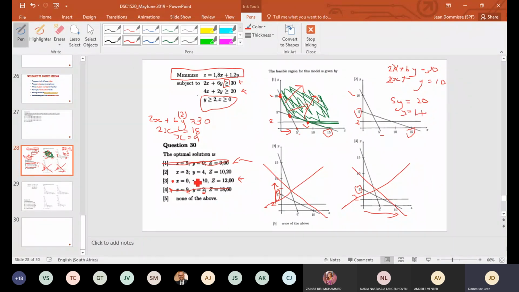Just want to check. So that was actually y was equal to 4. And then if I substitute y in any of those two, 4 times 6 is 24. If I take the 24 to that side, 30 minus 24 is 6. So we're sitting with 2x equal to 6.